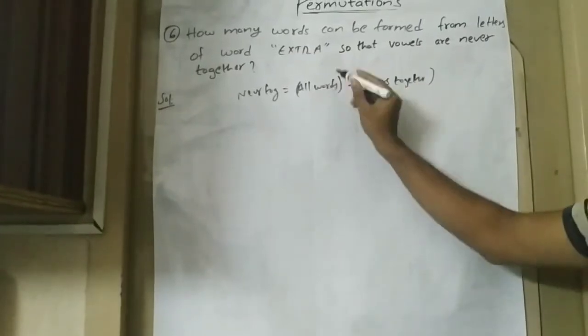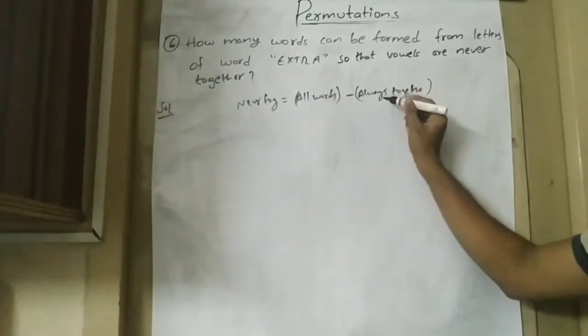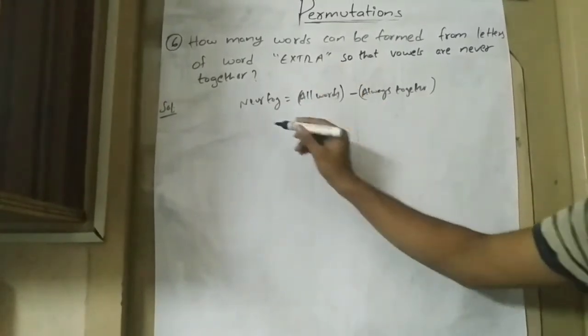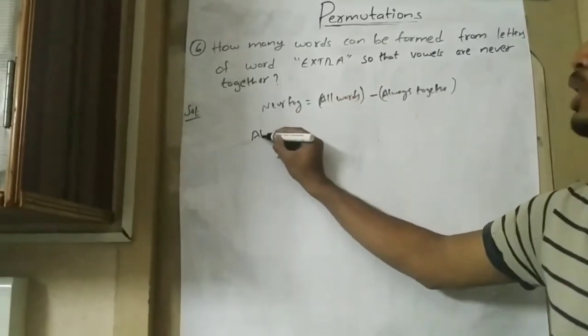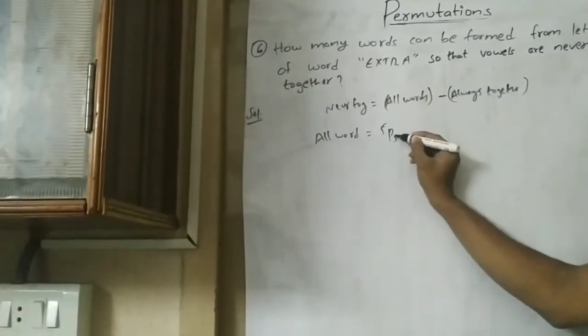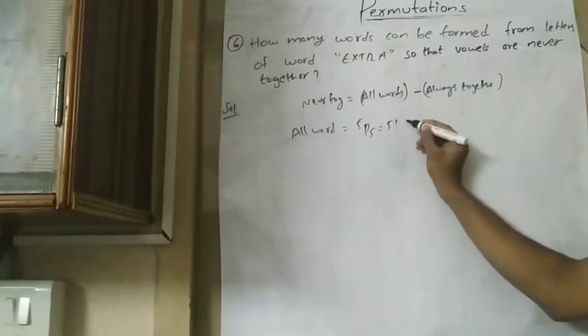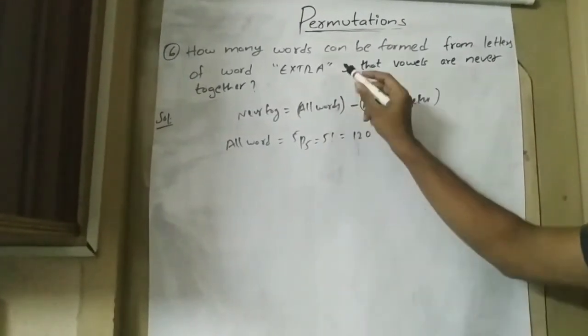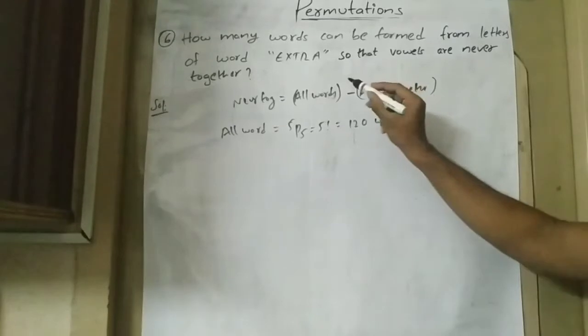So if we subtract always together from all possibilities, then we can get never together. So the total number of words that can be formed from EXTRA is 5P5, that is 5 factorial. So 120 words can be formed.